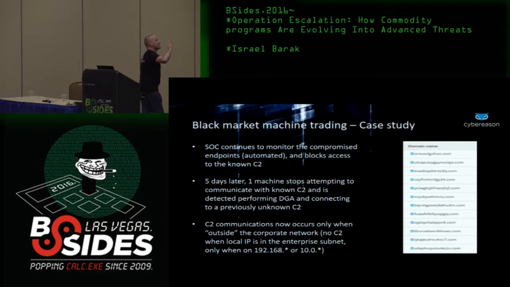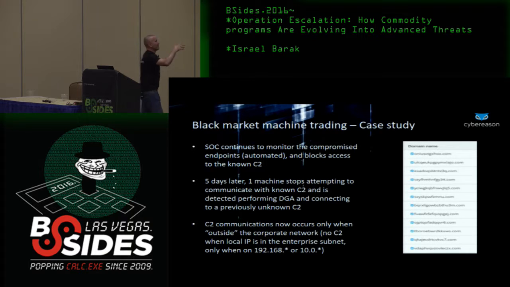But in the organizations that we've worked with on these cases, the SOC typically continued to monitor the compromised machines automatically, and in parallel blocked access to the known C2 address that the click fraud tool was communicating with.